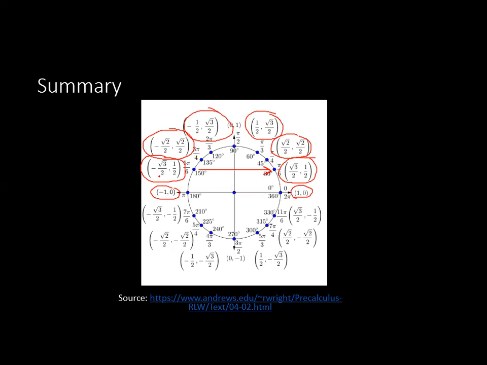Therefore, you will have negative square root of 3 all over 2 and 1/2 instead. Similarly, if you're not sure what the coordinates of 120 degrees would be, look at its mirror, which is 60 degrees. So we have 1/2, square root of 3 all over 2. But 120 is on the left side, in the second quadrant, so we will have -1/2 and square root of 3 all over 2 instead.